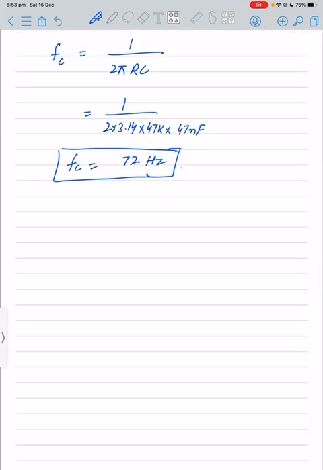So now the next thing that we have to cover is the phase shift. We are also concerned about the phase shift of the signal at the output.